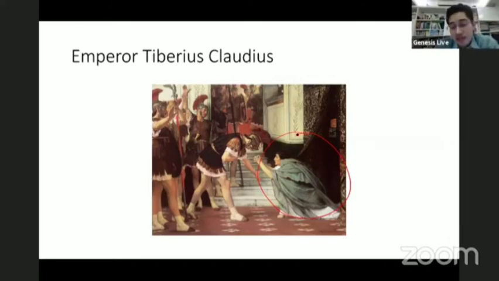Most of them died in war or were killed by their own families or friends or even by the army. But this is one guy who lived his life and ultimately died of natural causes. So we don't know if that's fake or real, but this is the story of Emperor Tiberius Claudius, from whom the word claudication came. Okay, let's get back to business.